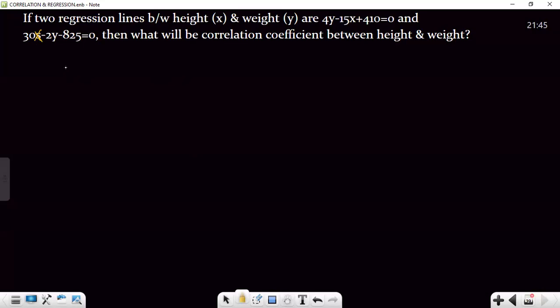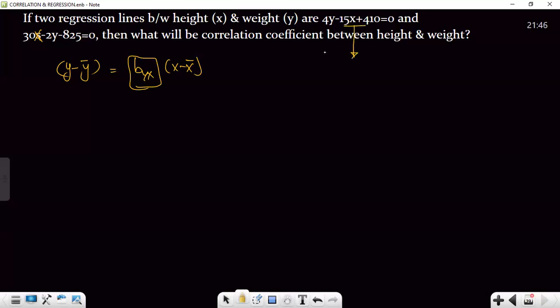So we know that y minus y dash is equal to byx times (x minus x dash). If we get this, we'll also be able to find out the bxy, right? So first let's convert the first equation into this format and the second equation into the other format.